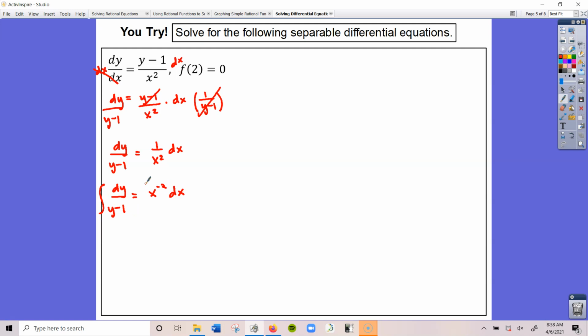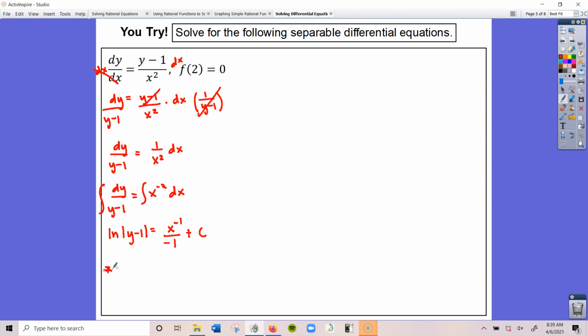Now we can integrate both sides. Here, remember, the derivative of y minus 1 is dy, which is in the numerator. So this is the ln of the absolute value of y minus 1 is equal to, now I'm going to add 1 to this exponent, so x to the negative 1, and divide by negative 1, and of course plus c.